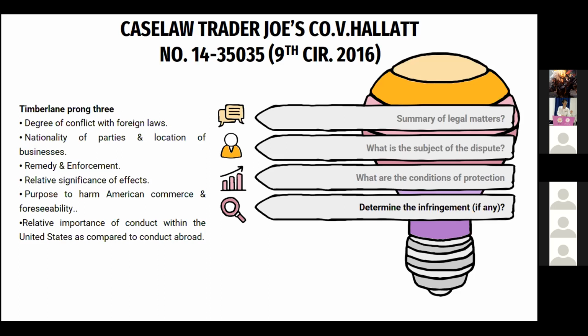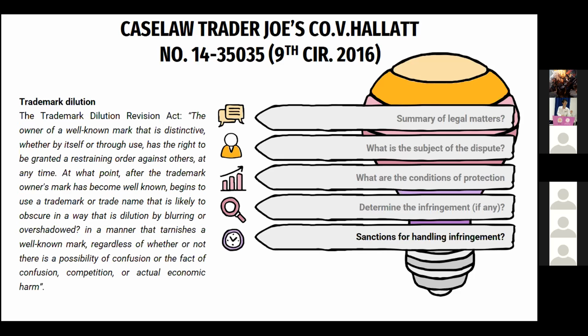So we move to the sanction for the infringement, the trademark dilution.